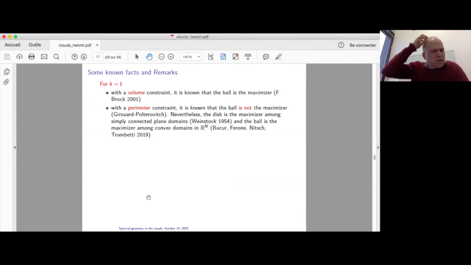So let me come back to other geometric constraints. With the volume constraint, it's a famous result by Brock and Weinstock that for sigma 1, the ball is the maximizer. It's not so complicated to prove because you just have to plug into the Rayleigh quotient the eigenfunctions of the ball, which are the coordinates x1, x2, xn.